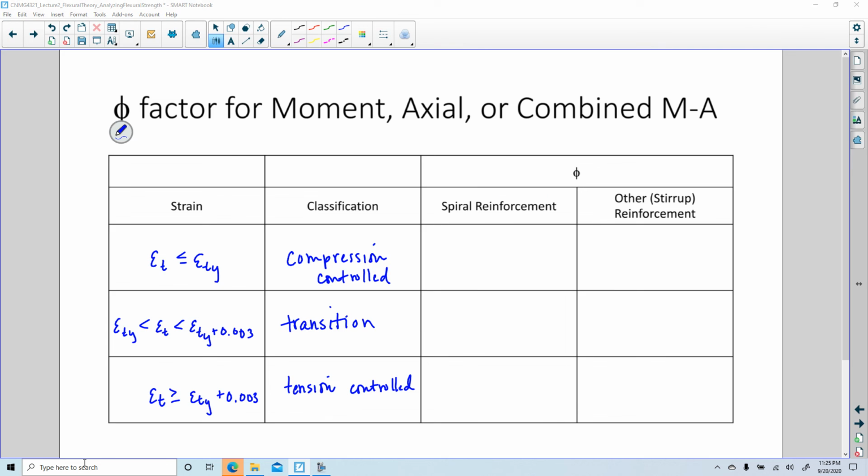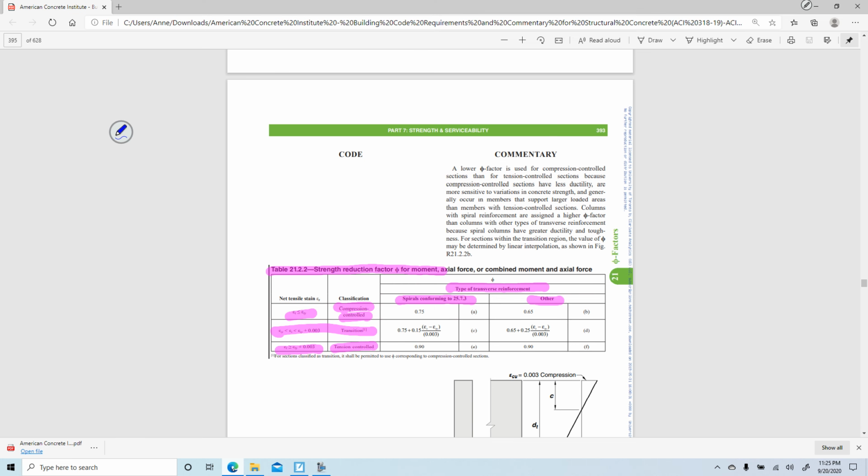As I said, this is based on your type of transverse reinforcement.